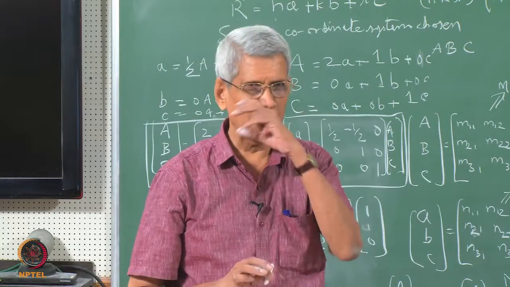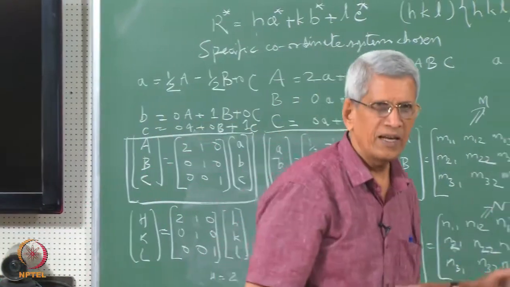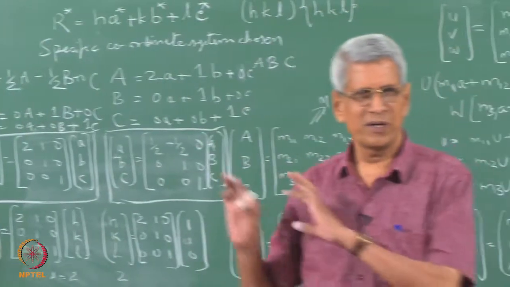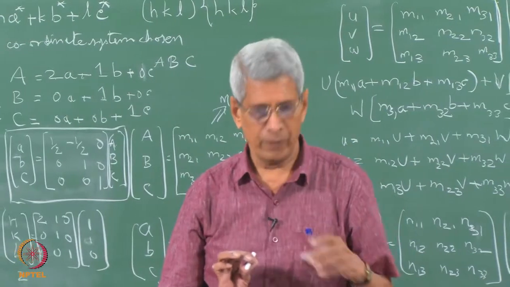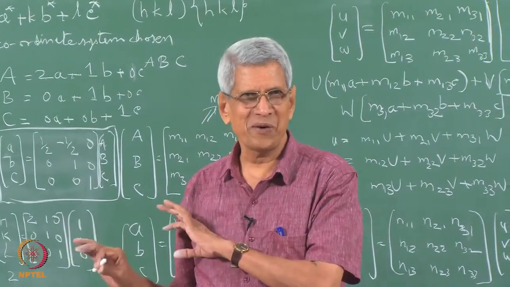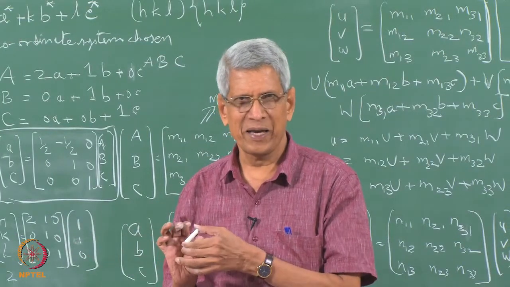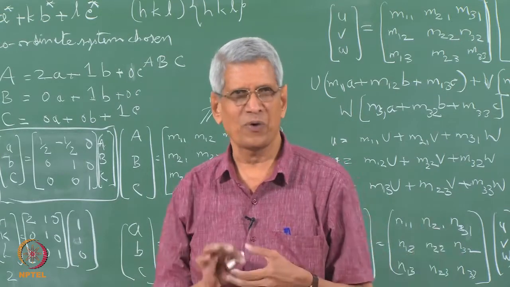So this is how we can find the correspondence between planes. Similarly, we can find the correspondence between directions also. I want you people to work it out as an exercise. You can think of various planes one can choose and try to find the correspondence.